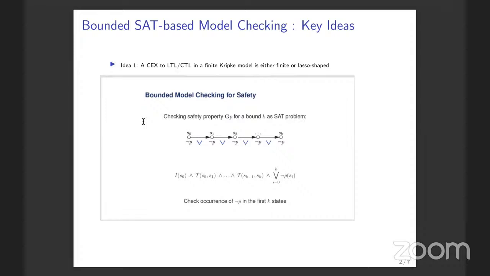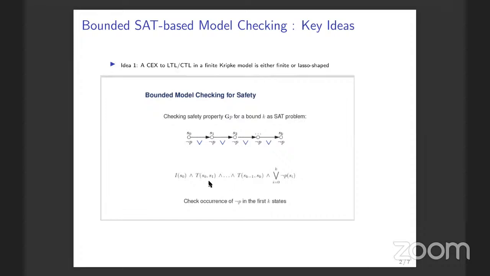Okay, so that is the key observation that is exploited, so that you could enumerate longer and longer lassos, and then check if that is a counterexample. For example, if you have a GP-like property, as I said, we primarily start with safety and maybe simple liveness, and mainly we concentrate on safety.